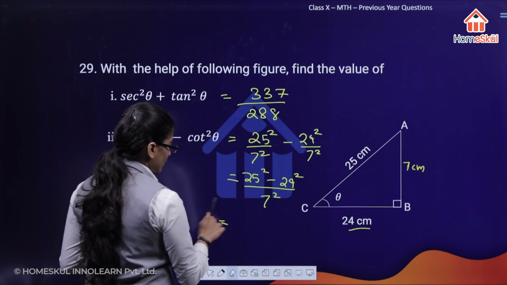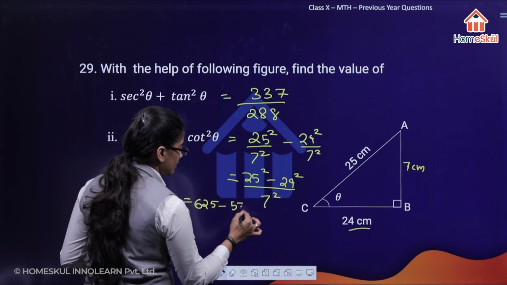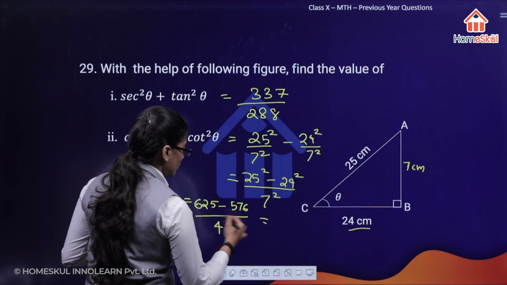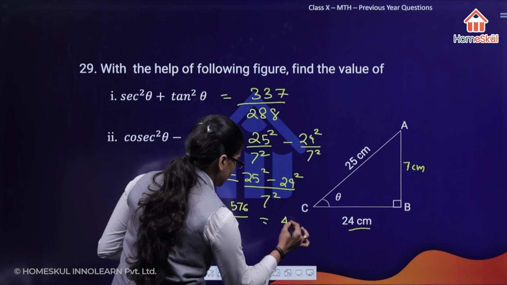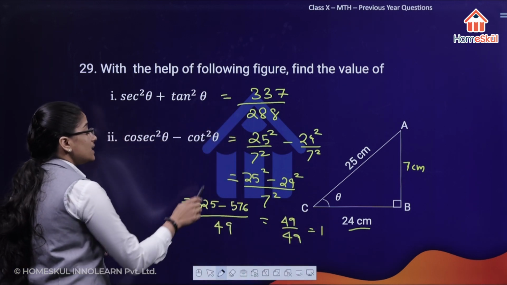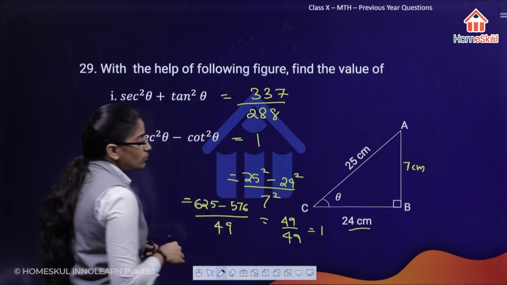It is 625 minus 24 square, which is 576, divided by 7 square, which is 49. What is 625 minus 576? It's 49 by 49, which is equal to 1. That means we are getting cosec square theta minus cot square theta is equal to 1.